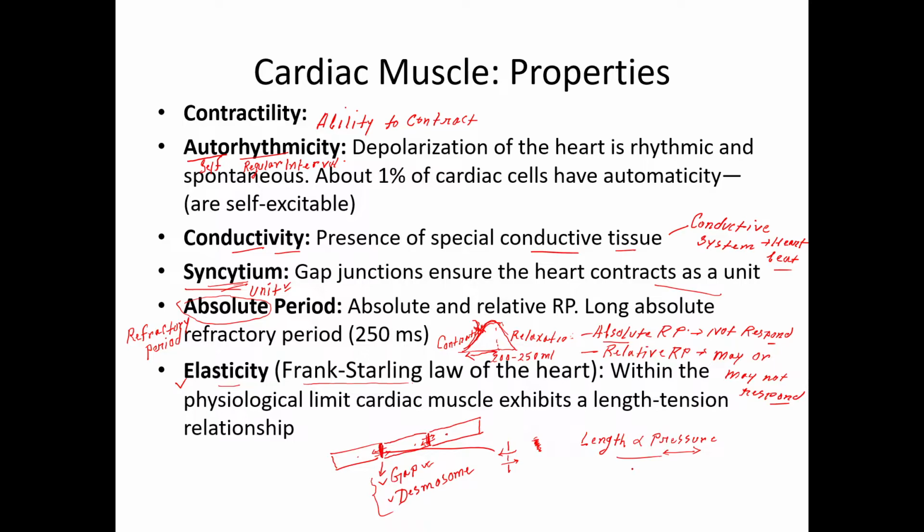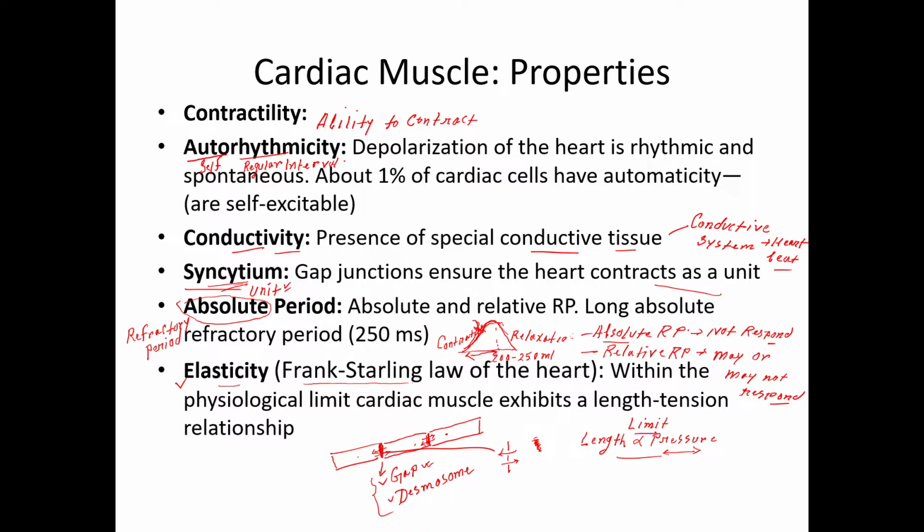If you keep using the same cloth, then eventually, due to excessive pressure for a long time, the elasticity will get lost. The elastic thing will not recoil, will not go back to its actual length again. So that is applicable to the heart muscle. That's why it says within a limit. If you cross the limit, it will lose the elasticity.